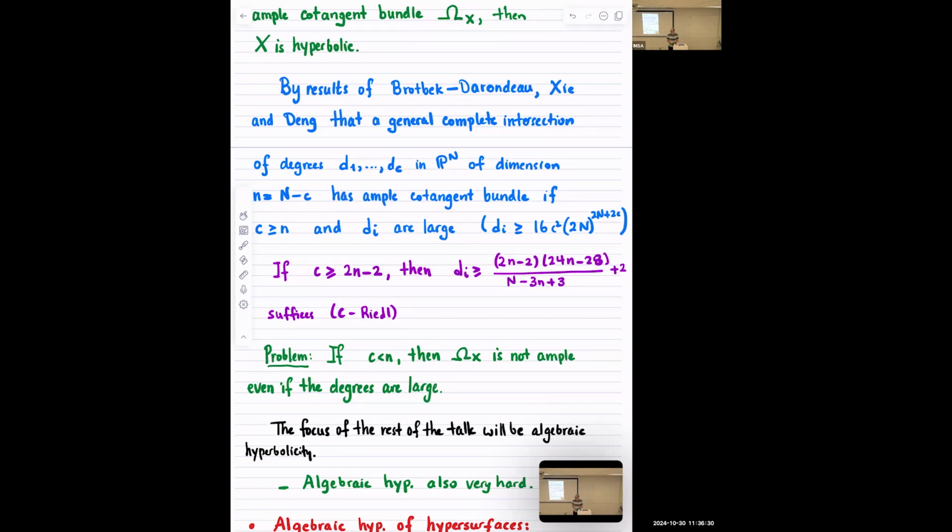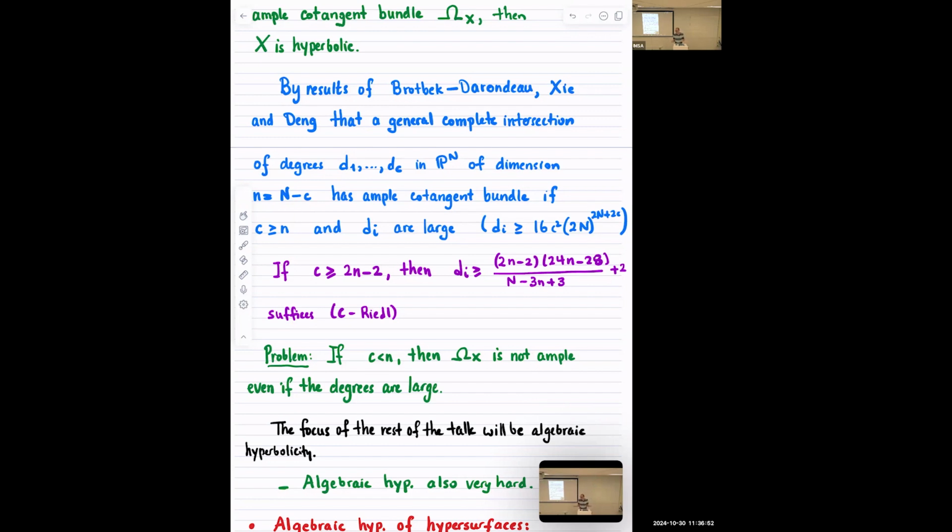Its cotangent bundle is ample. I would expect the same to be true with quadrics, but I don't know how to prove that. Maybe somebody has a counterexample, or an idea. But the way this formula works, because there's this +2 there, you can't go down below 3.